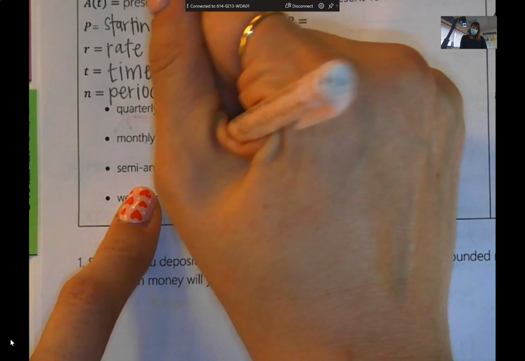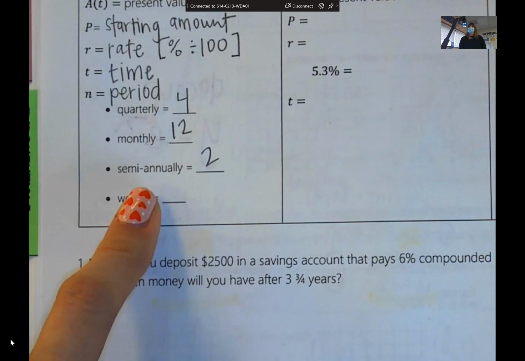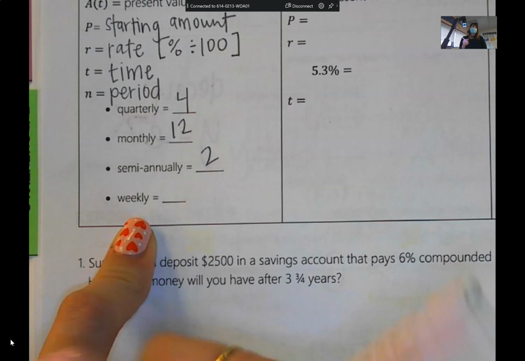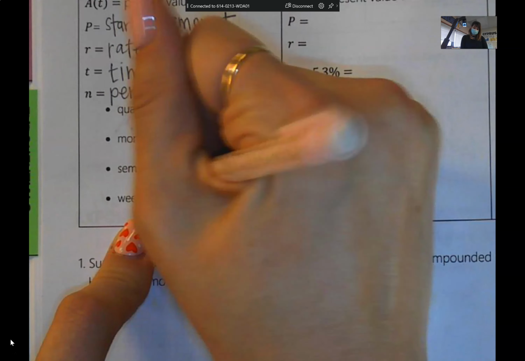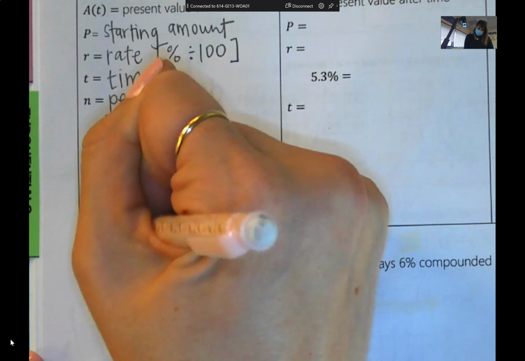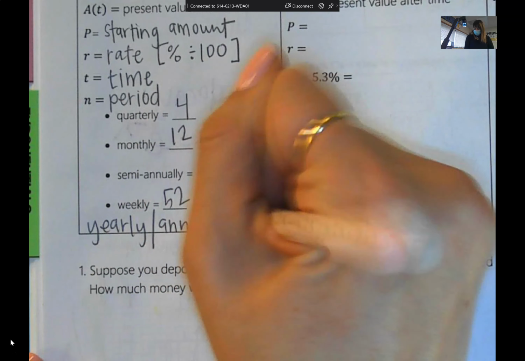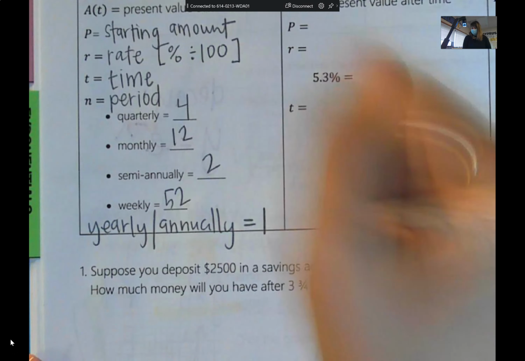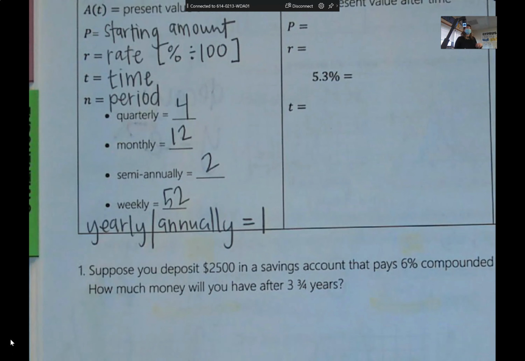Semi-annually is twice a year. Weekly, your balance gets bigger each week. That would be 52. And then if it says yearly or annually, that means that your period is 1. Your balance only gets bigger once per year.